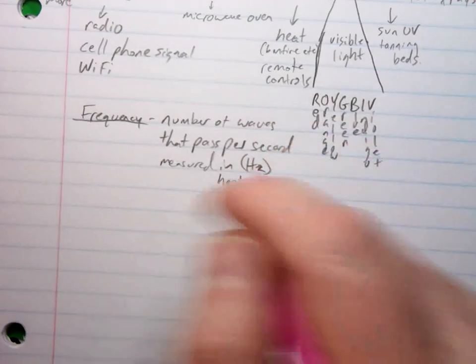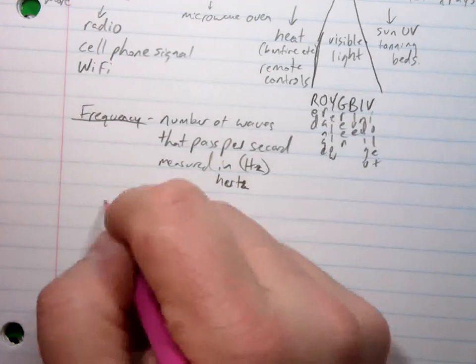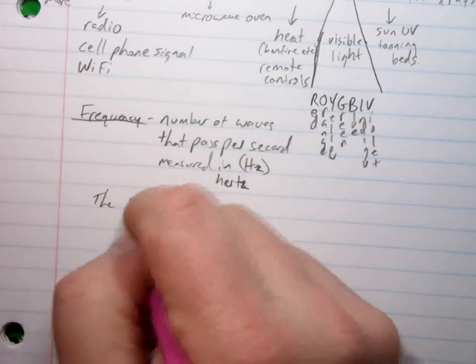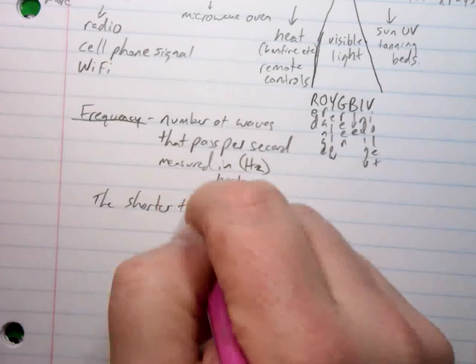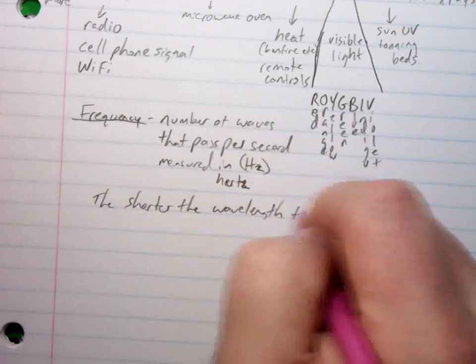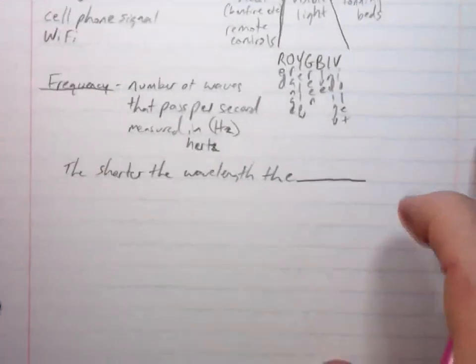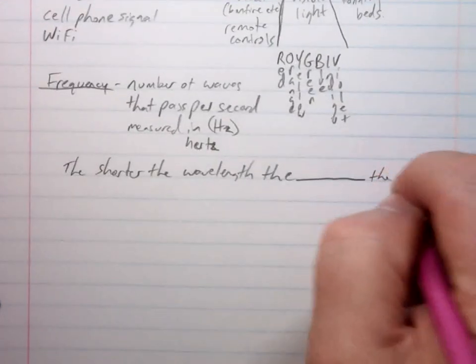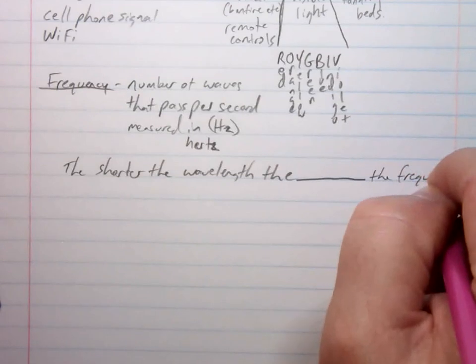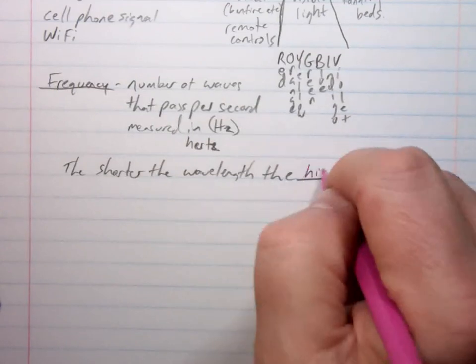So the general rule of thumb is this. The shorter the wavelength, the blank the frequency. What is it? Yes, the higher the frequency.